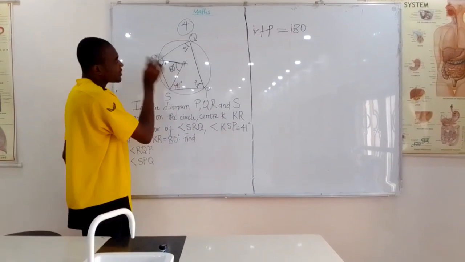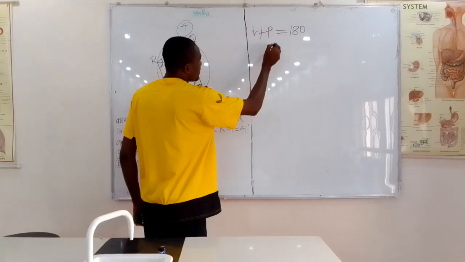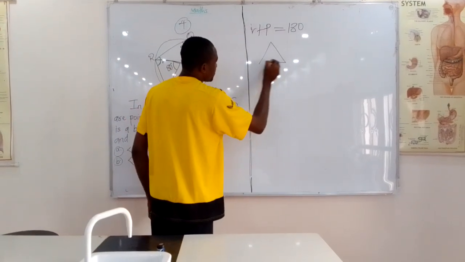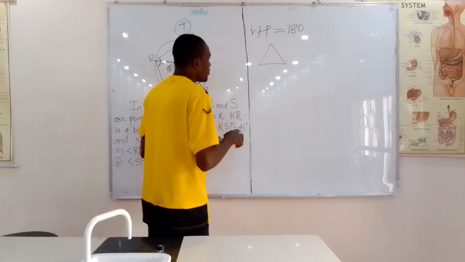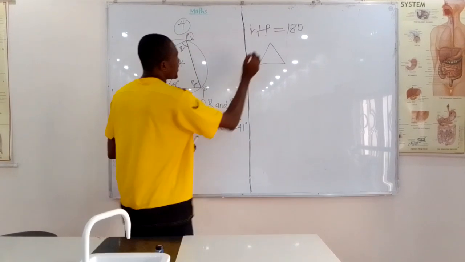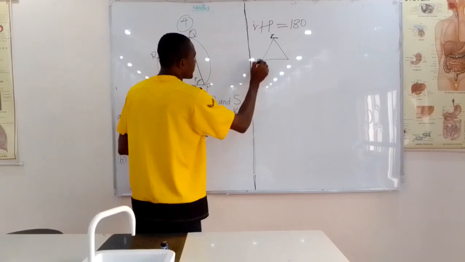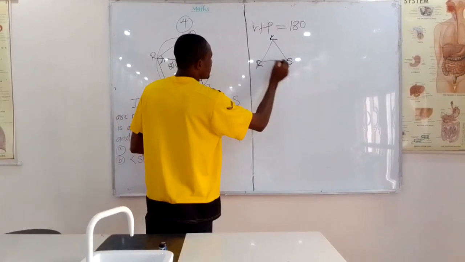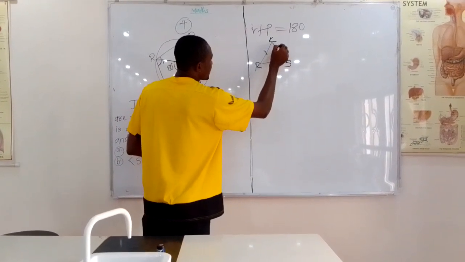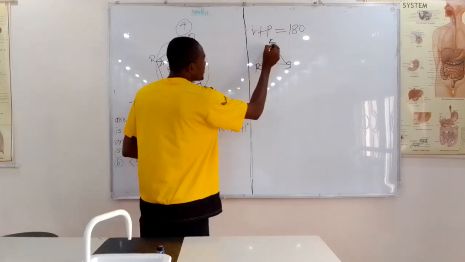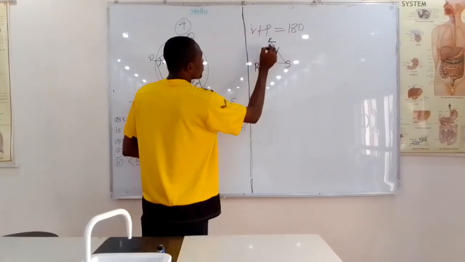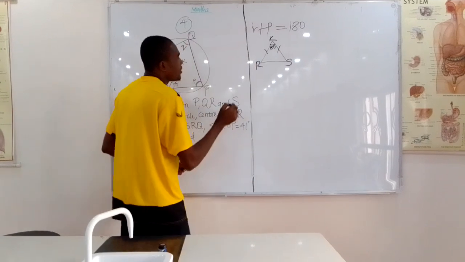When you bring out this triangle inside the shape, here is K, the center of the circle, here is R, and here is X. KS and KR are equal, and at the center, the angle subtended is 80.